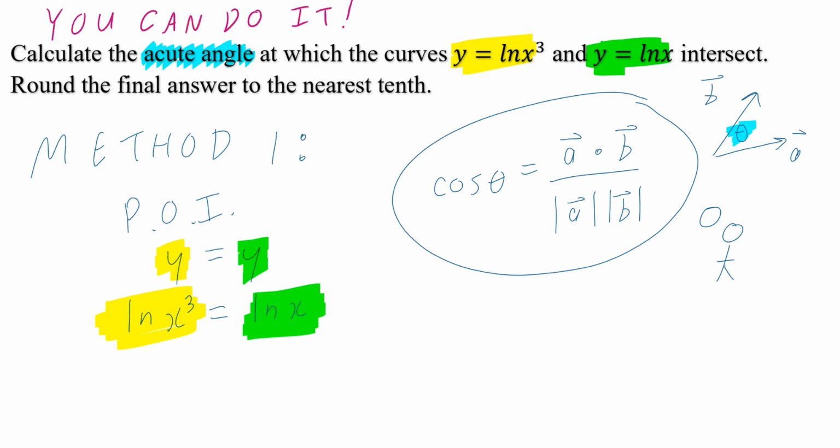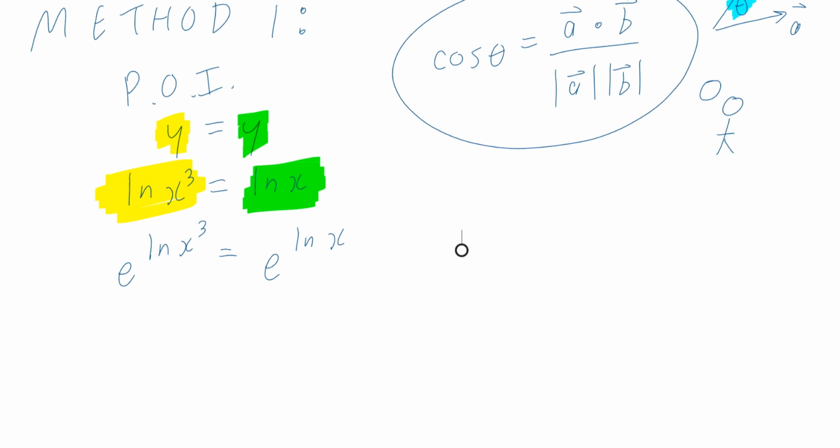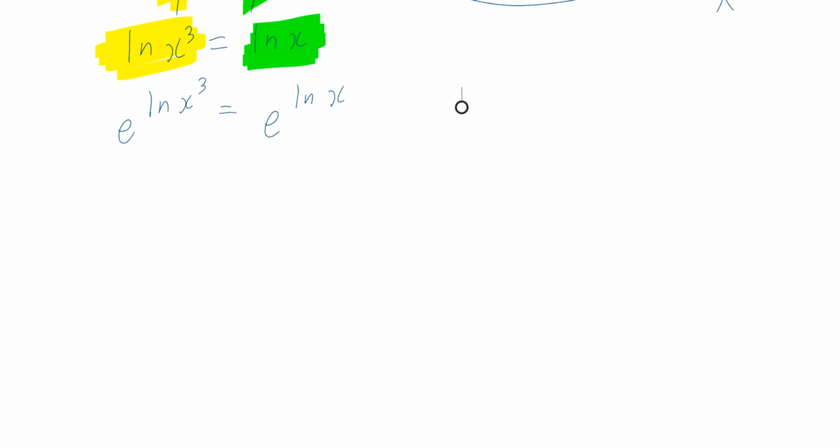And again, if you're solving for x, the opposite of ln is you take e to the power of, on the left-hand side, e to the power of ln of x cubed. On the right, it's going to be e to the power of ln x. Just like adding and subtracting, or multiplying and dividing, e and ln are opposite operators. So x to the power 3 equals x.